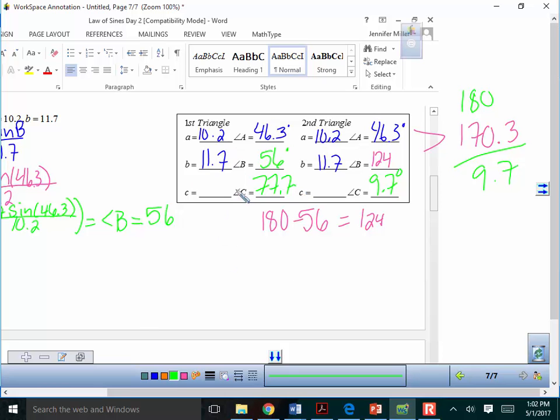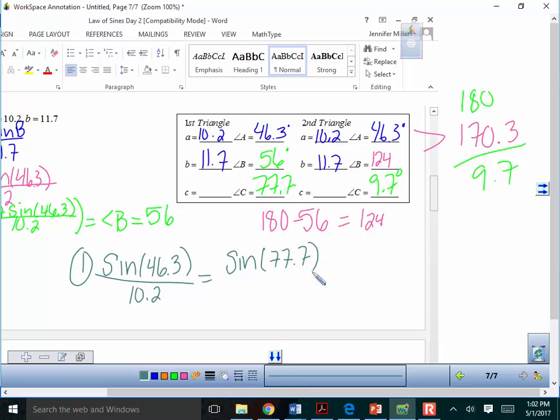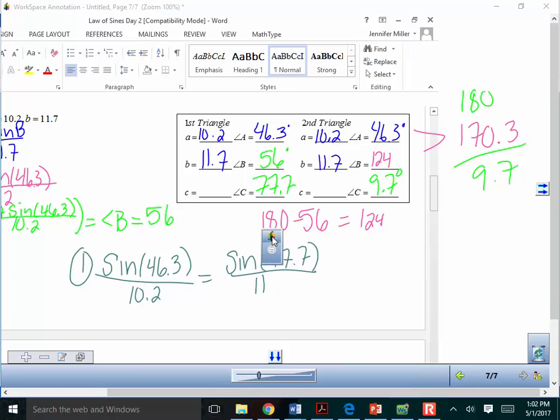Using our first triangle, I'm just going to put a 1 here so you don't get confused. This would be the sine of 46.3 divided by 10.2 is equal to the sine of 77.7 divided by little c, because that's what we're looking for, right?